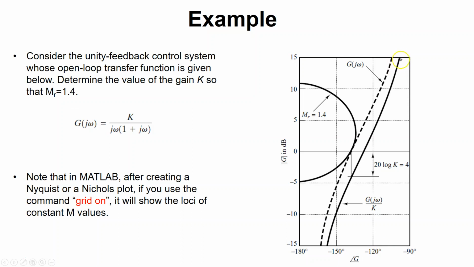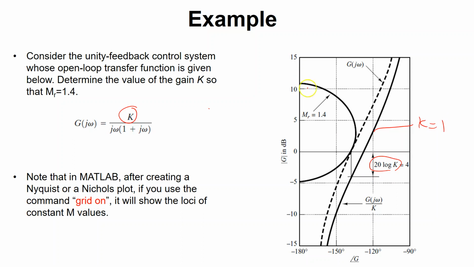You see that this solid one is G of s for k equal 1, while the dashed one is G of s for a k other than 1. And you see the difference between these two is simply a vertical shift. How much is the vertical shift? It's 20 log of the gain in this one, which is k, compared to the gain in this one, where k was equal to 1. So the shift is simply 20 log of k, right? So that's the difference between these two.